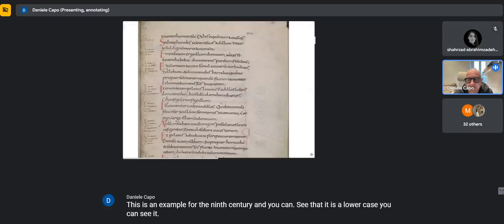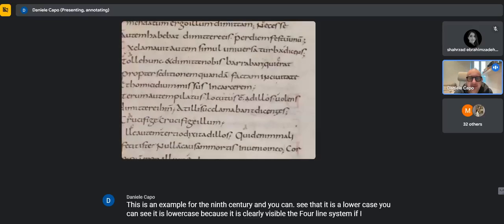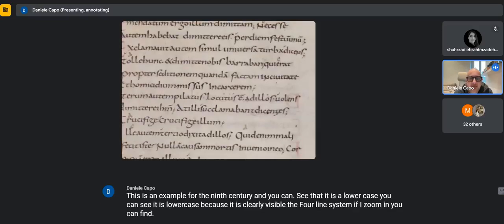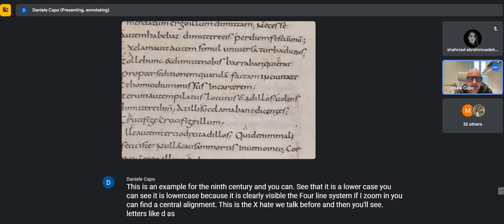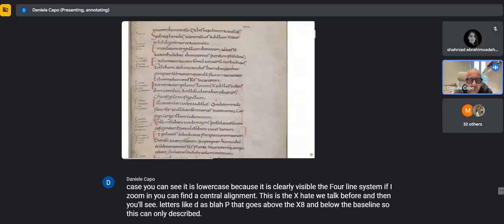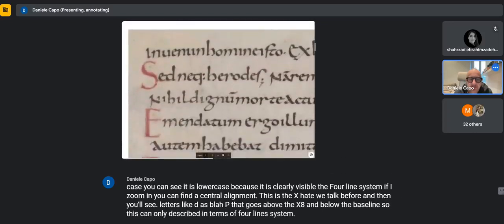You can see it is lowercase because the four-line system is clearly visible. If I zoom in, you can find a central alignment, the x-height we talked about before, and then you see letters like d, s, p that go above the x-height and below the baseline. So this can only be described in terms of a four-line system.